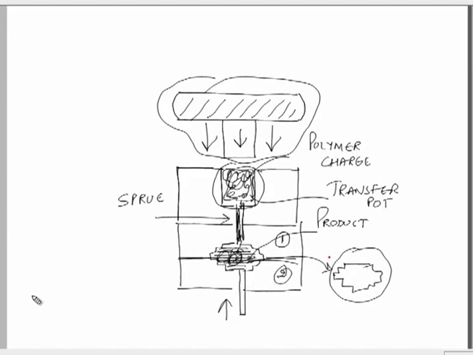This is a simple process, and we can draw a simple analogy between the casting process and the transfer molding process. The only difference is that the molten plastic is now supplied to the mold cavity under the application of some pressure, and the pressure actuating device is shown there.